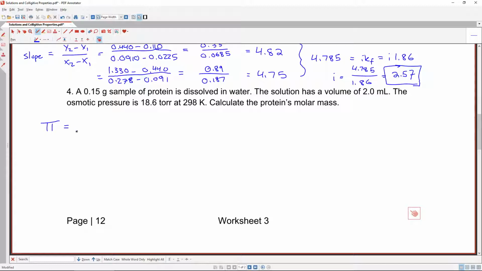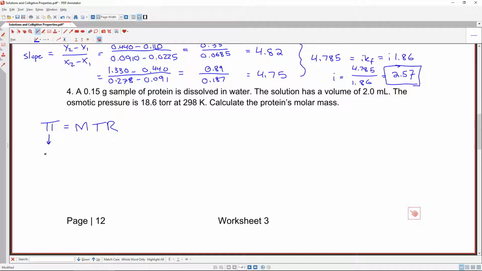Let's see if I can remember it. There's definitely a T in there. R. There we go. MTR. And actually, I just realized this has the form of the ideal gas law, right?